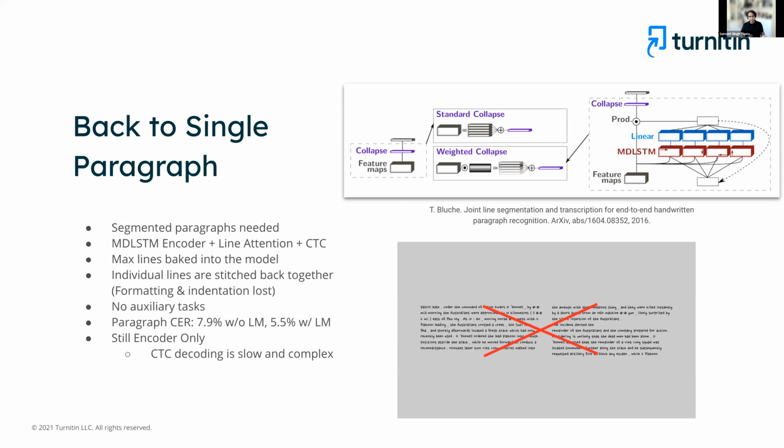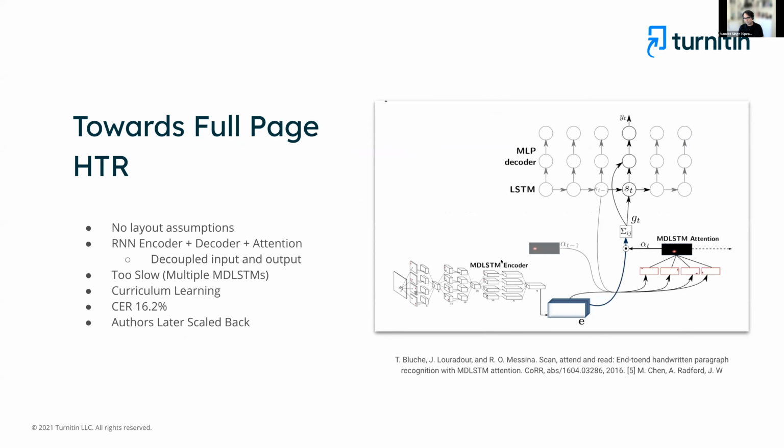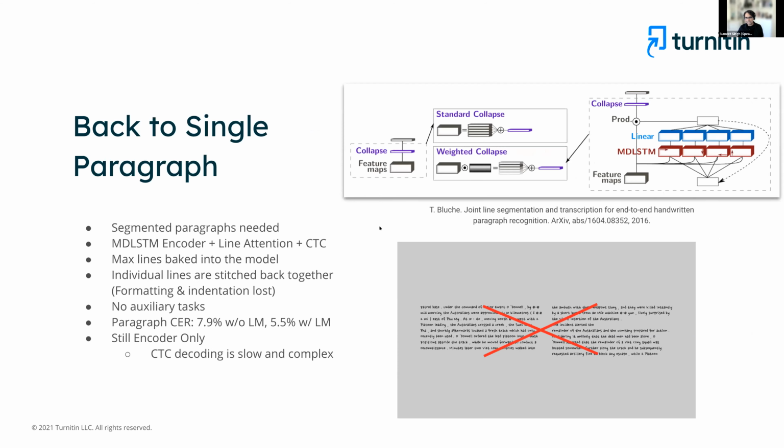So as I mentioned a minute back, because the previous model was too slow to learn and very slow for inferencing, they went back to single paragraph models. And it's pretty similar to the previous one, except that here they apply the attention on a line-by-line basis and not on a step-by-step basis, which means that they make the assumption that the image has lines extending from the left side all the way to the right side.